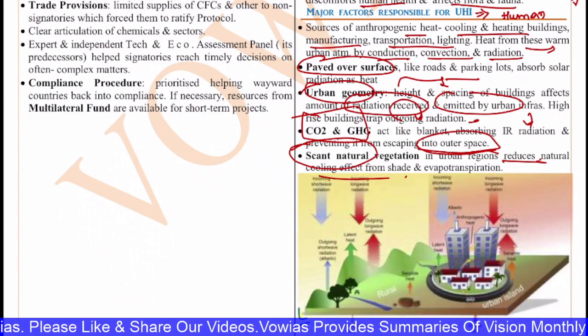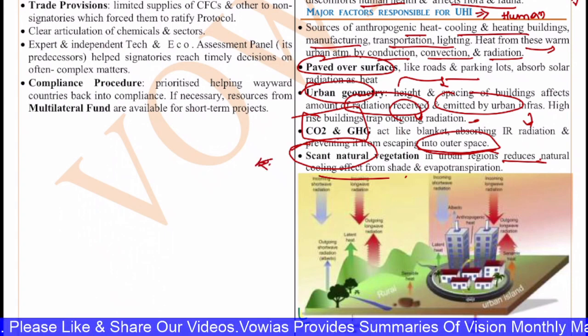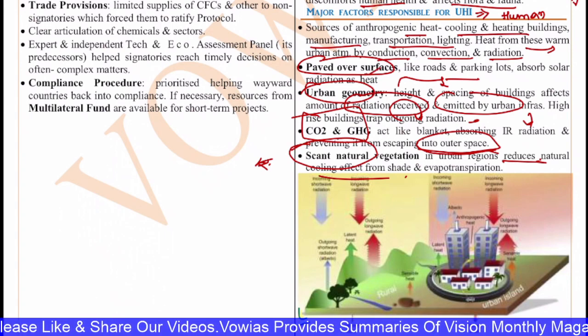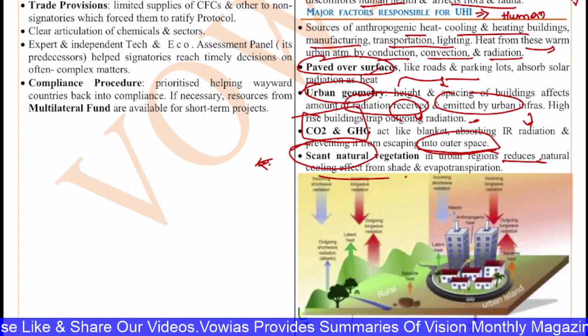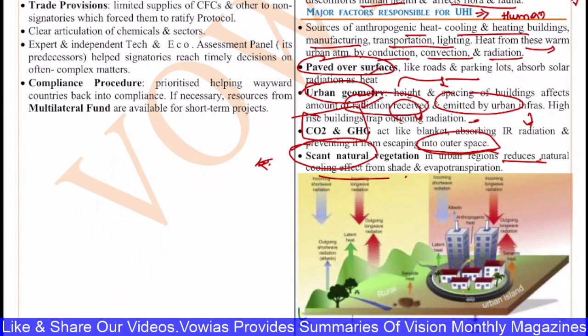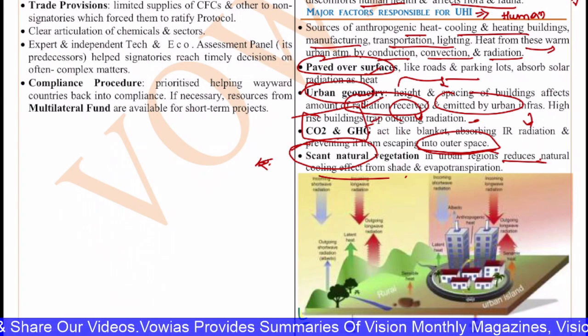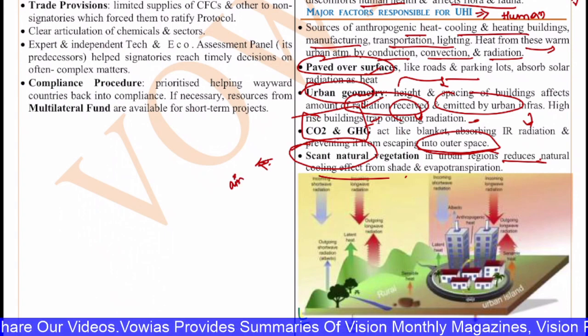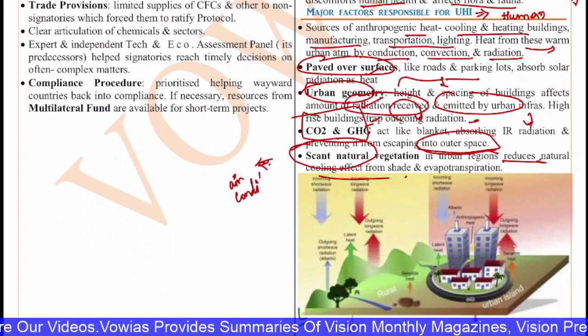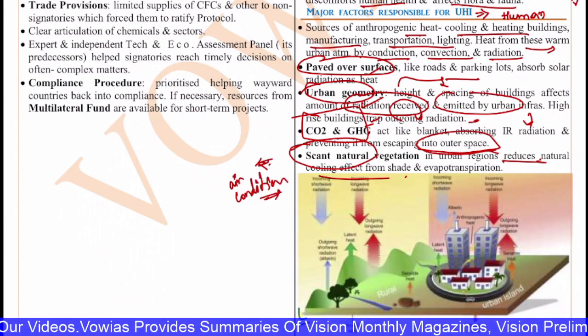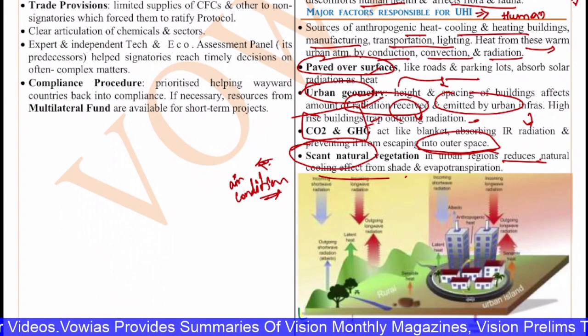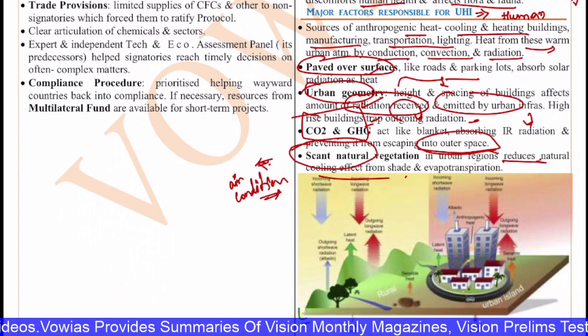So the major causes, if you see broadly: paved-over surfaces, that means the concretization, the huge buildings, the CO2 and greenhouse gases, and you can also talk about air conditioning and other systems, the refrigeration and air conditioning. They also release waste gases, the freons and all.